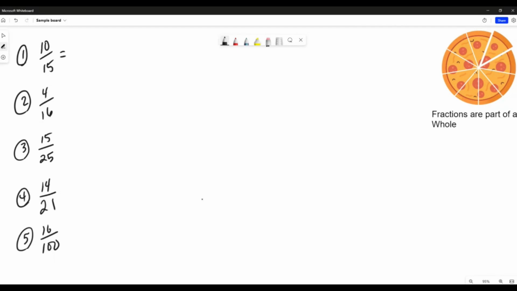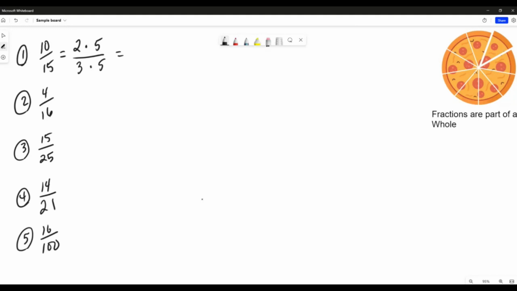The way we do that is we take the number on the top and we factor it down. I know that 10 is 2 times 5. Then we look at the number on the bottom. 15 is 3 times 5.